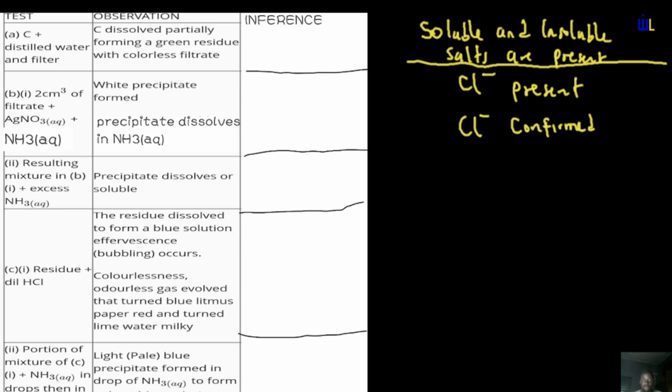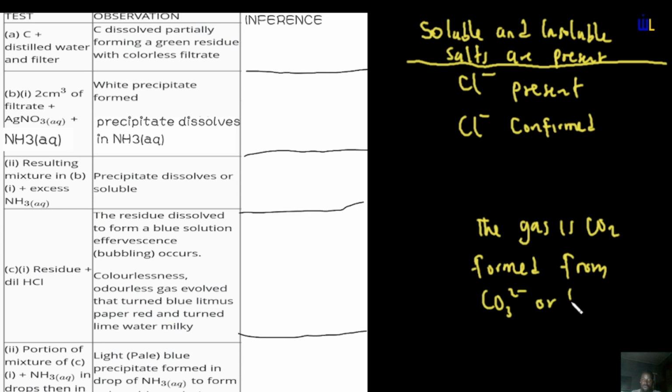In your answer, I would prefer if you write it this way: the gas is CO2 formed from CO3 2 minus or HCO3 minus, basically, and you have that as your answer. So whenever you are dealing with that, just have in mind that that is what is expected as your answer.